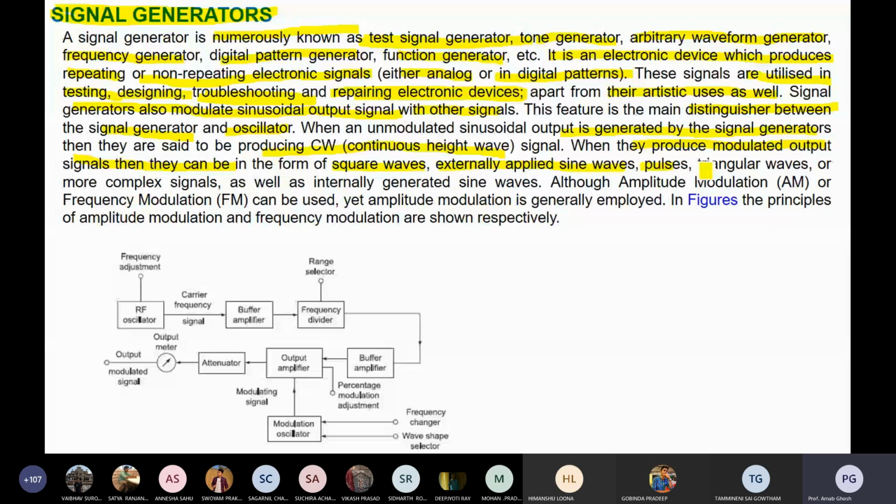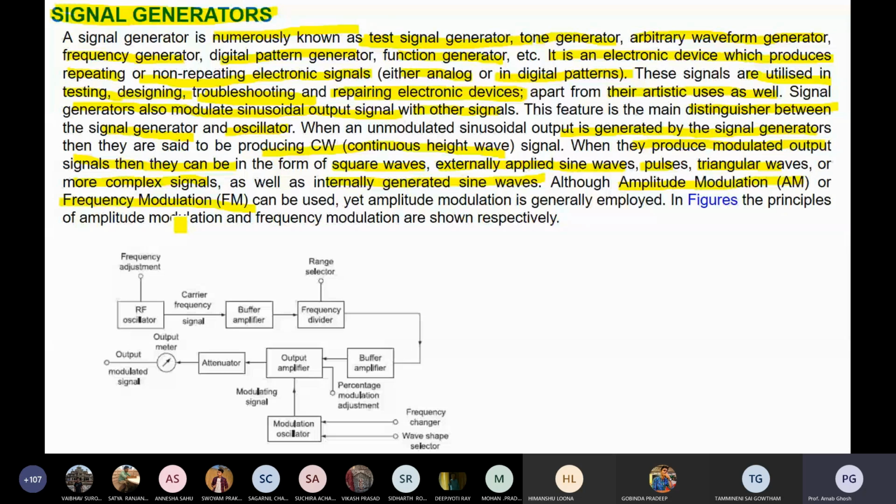Through amplitude modulation and frequency modulation, you can vary the amplitude of the signal as well as the frequency. Yet amplitude modulation is generally employed.